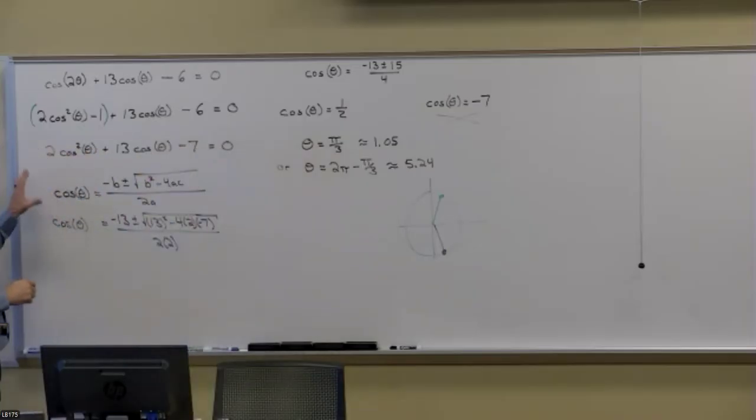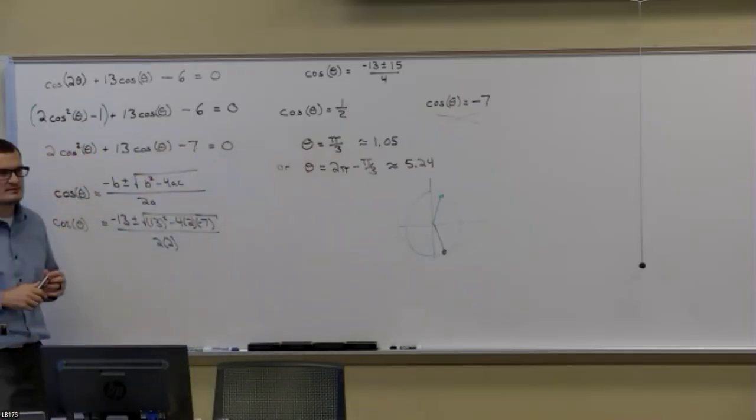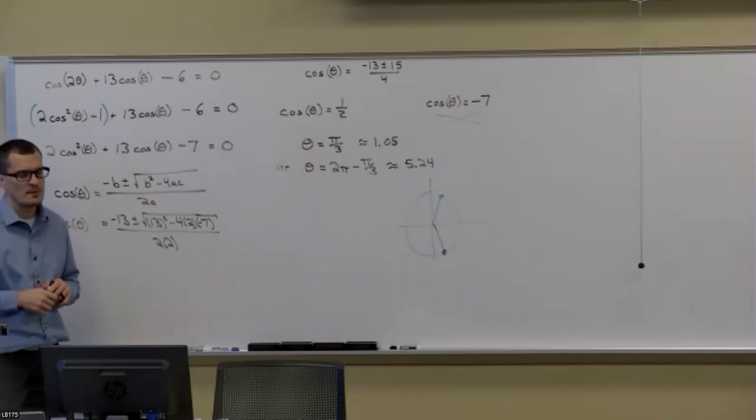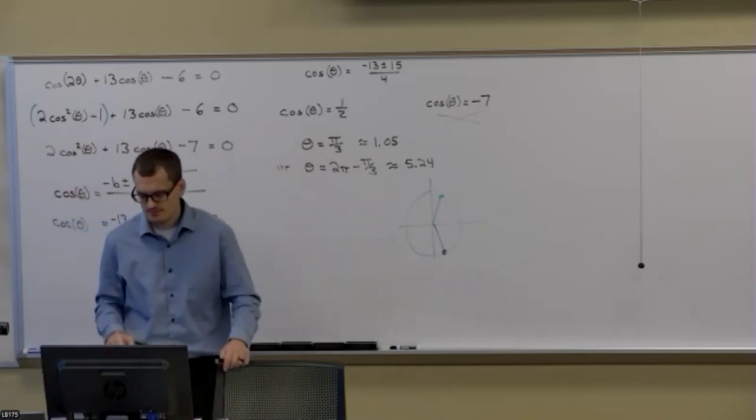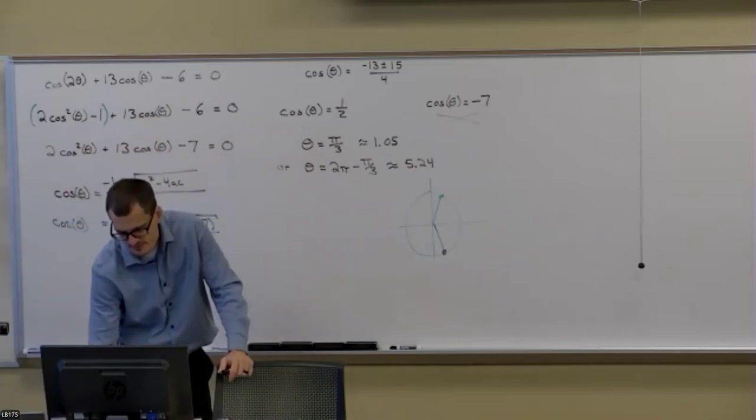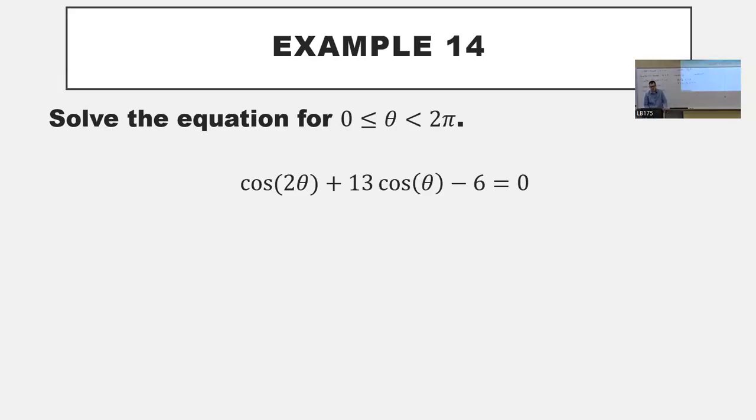This is about as hard as it gets in 7.5: doing one double angle identity and then solving a quadratic. But that's how it goes. That's how we solve these equations.